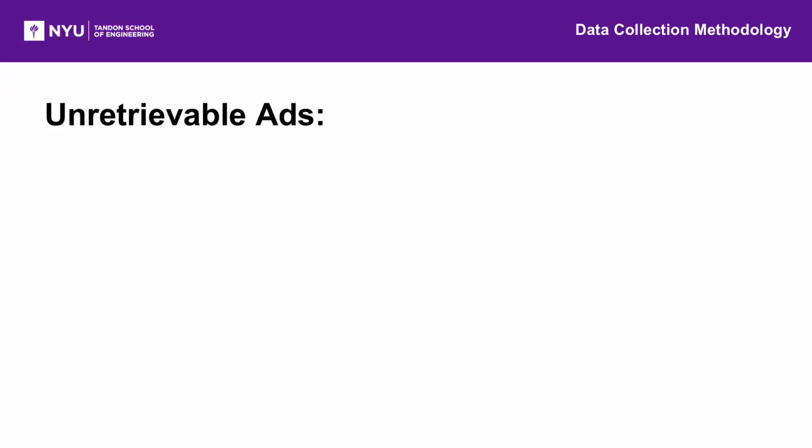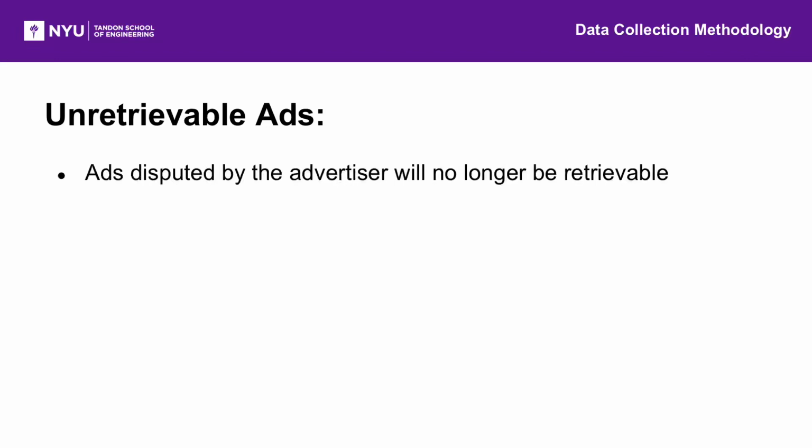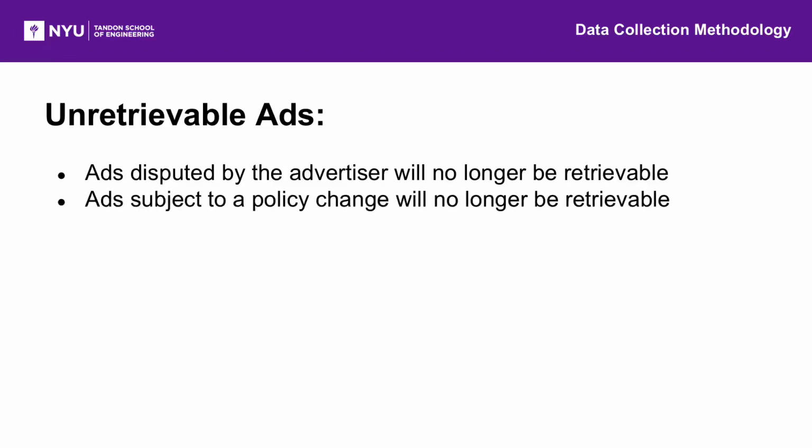Some of those reasons will also remove the ads from the ad library report, but others will not. First, ads can be removed from the ad library if the advertiser disputes its inclusion. When this happens, the ad is removed from the ad library report summary data as well. Second, ads can be removed if the ad library's inclusion policy changes and the ad is no longer covered by the inclusion policy. This happened twice during the study period.